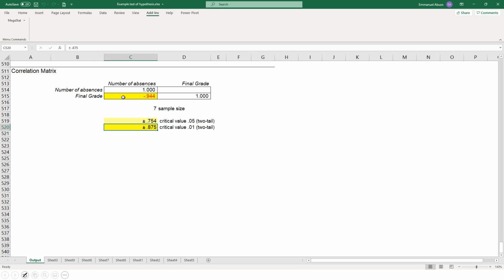This implies that as the number of absences increases, the final grade of the students will decrease, or as the number of absences decreases, their grades in statistics will increase. So that's how we are going to interpret the correlation matrix.